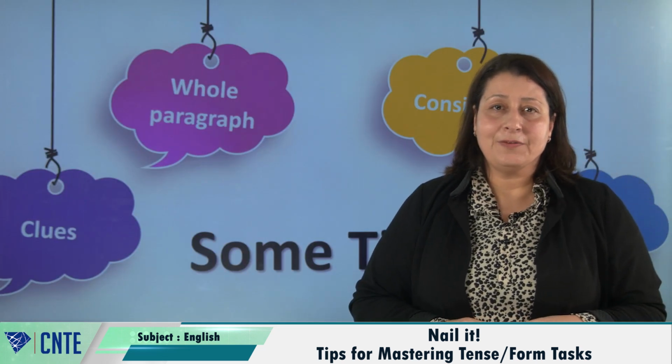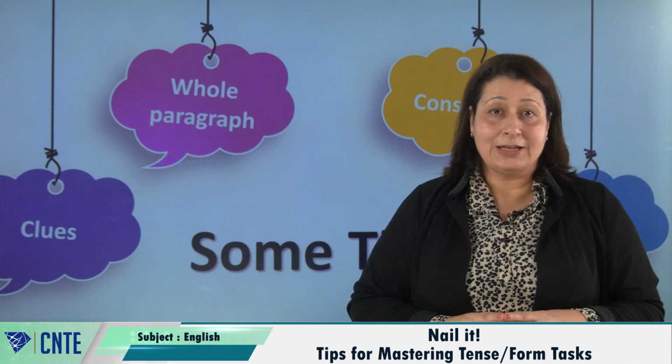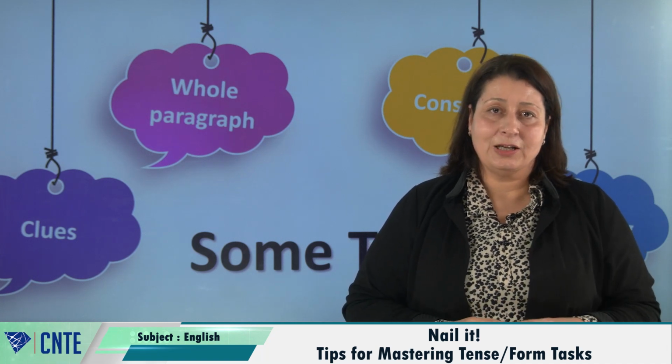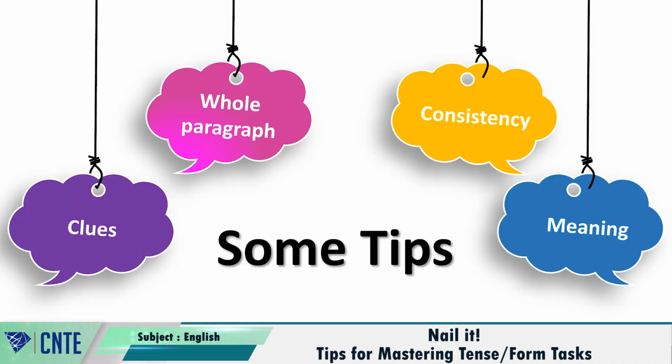If the paragraph is in the past and there are no clues that an event is happening now, keep using the past tense. Don't move to the present tense without a good reason. And don't forget to reread each sentence to make sure that your answer makes sense.